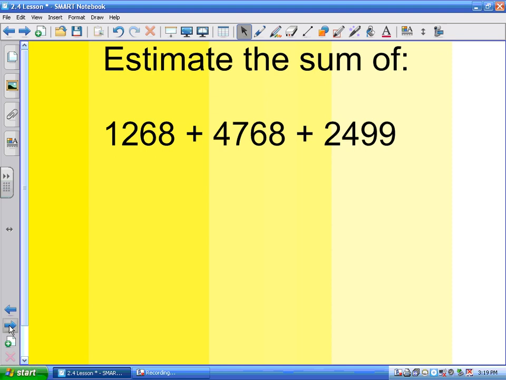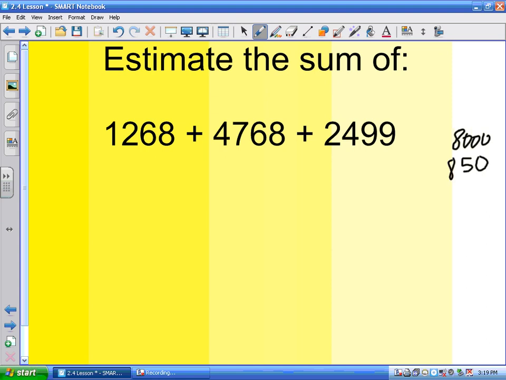Okay, Tristan, what do you think? My estimation is 8,000. All right, so there's his estimate. What's your estimate, Colby? I'm just guessing. It's somewhere between 8,000 and 9,000. So you have to give me a number. 8,500.